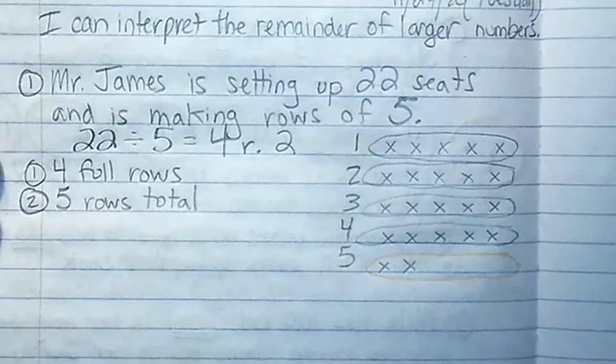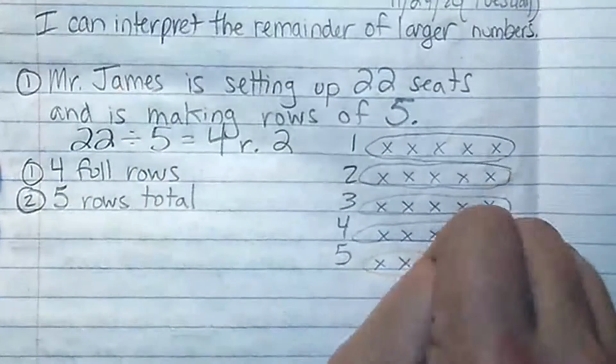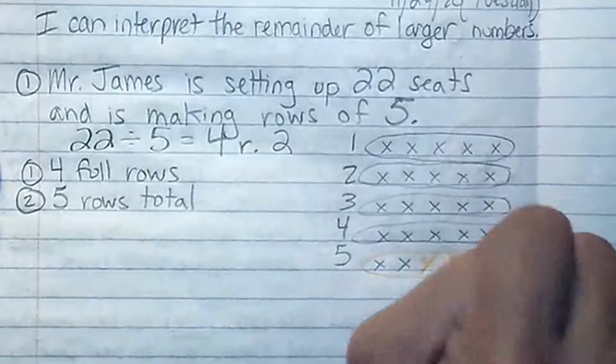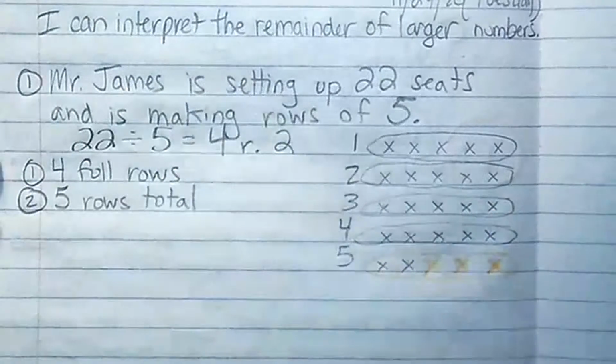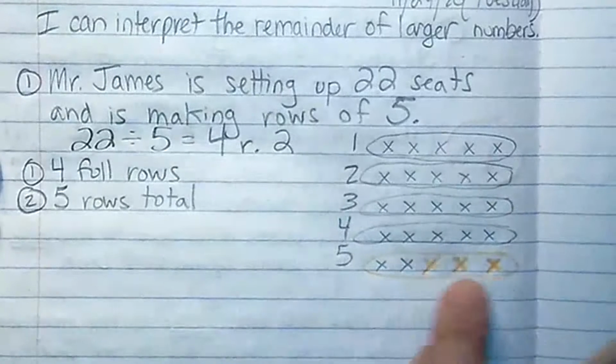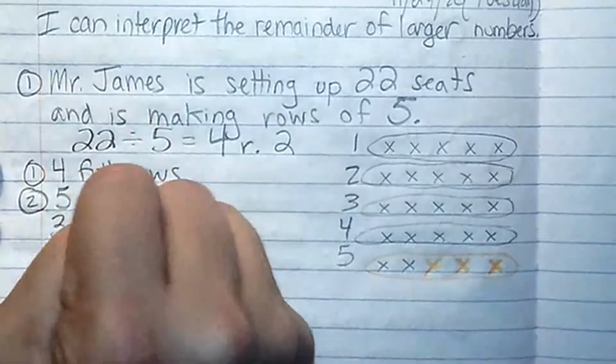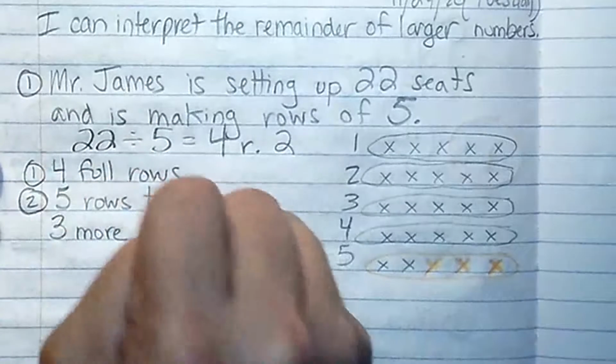How many extra people could we fit in this last row? 1, 2, 3. This is why your really neat notes do matter. There's space for 3 more, so we could fit 3 more chairs or seats.